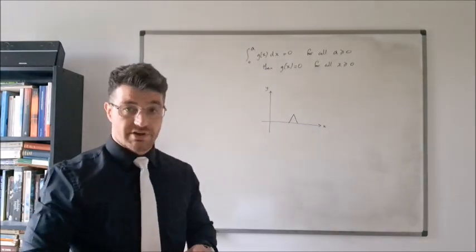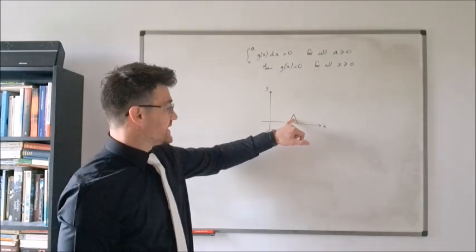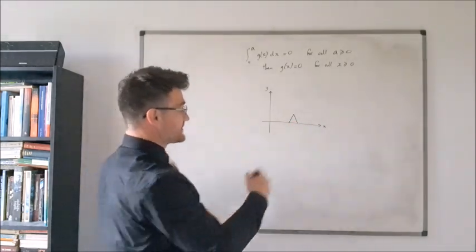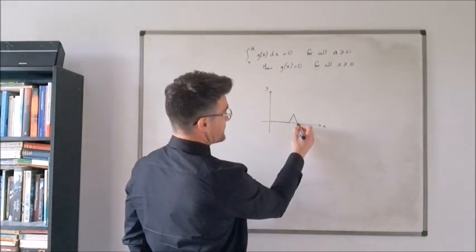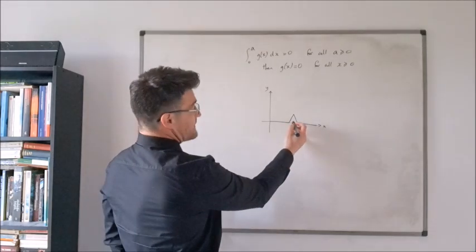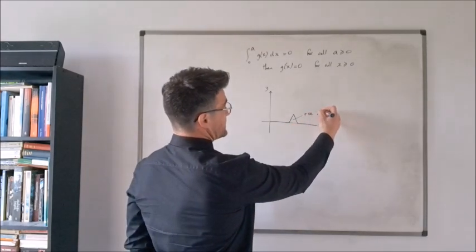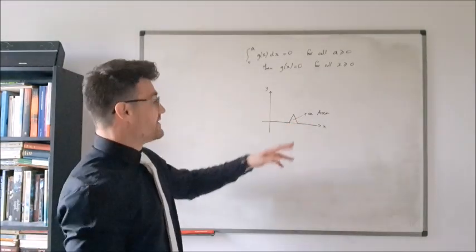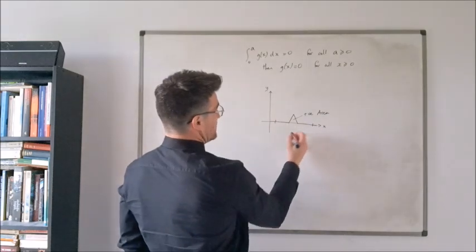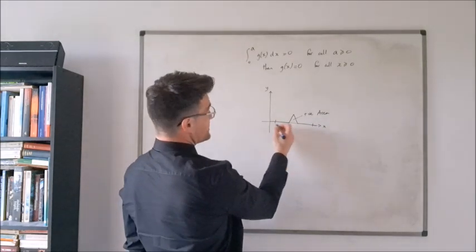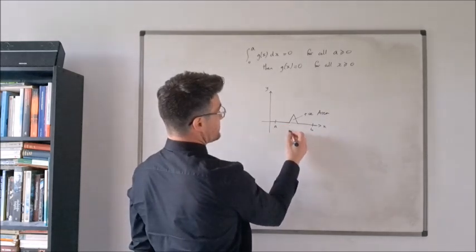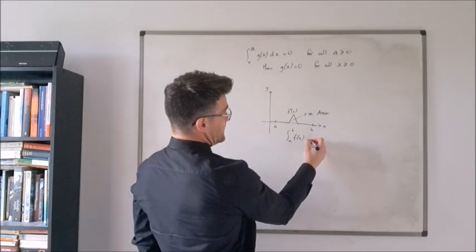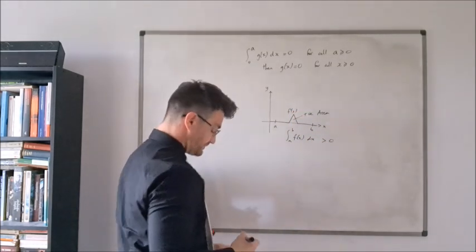So the integral of this function, even if the function was 0 for all the rest of these values, would give a positive area, or a non-zero area, and therefore the integral between a and b of f of x dx is going to be greater than 0.